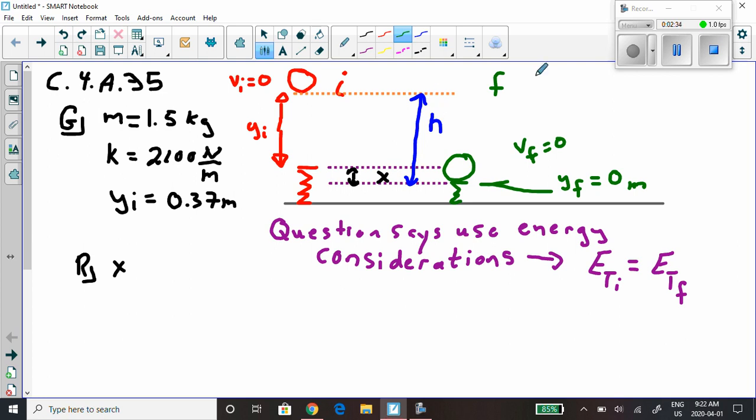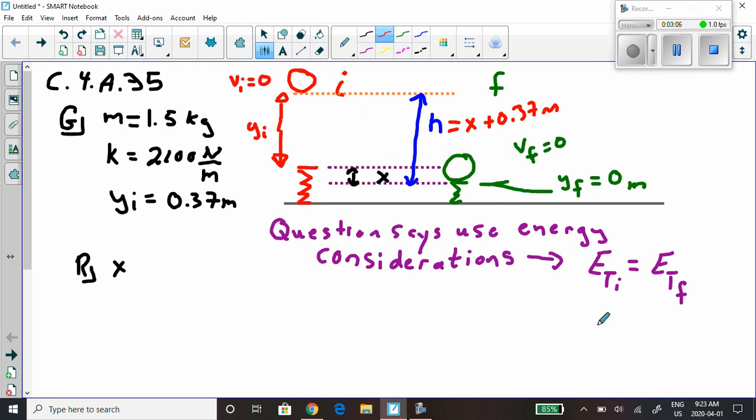But look, we know what h is equal to. This h is equal to this little bit right in here, which we called x, plus the original 0.37 meters that you started with. So now we do have the height of the ball above this 0 reference point during the initial conditions.